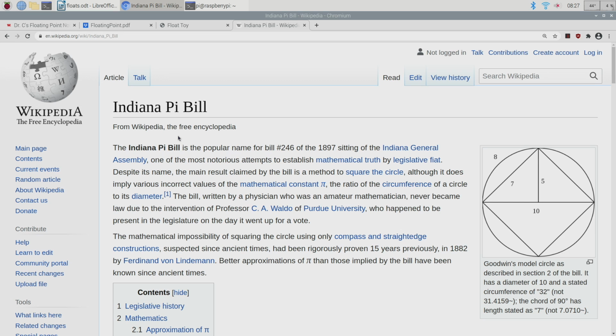So basically, one of the things that we mathematicians have to deal with on occasion are what we call cranks. These are people that think they know mathematics and they maybe know quite a bit of it, but they don't know it well enough or they're crazy enough to think that they've proven things or discovered amazing results that are basically bullshit.